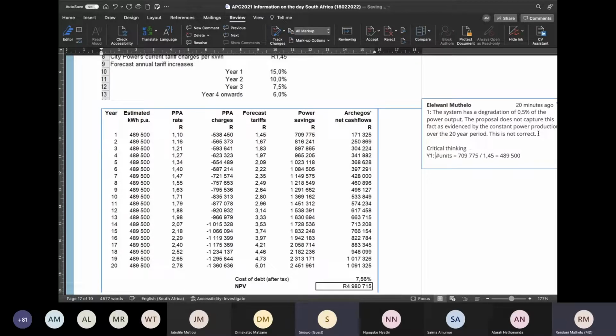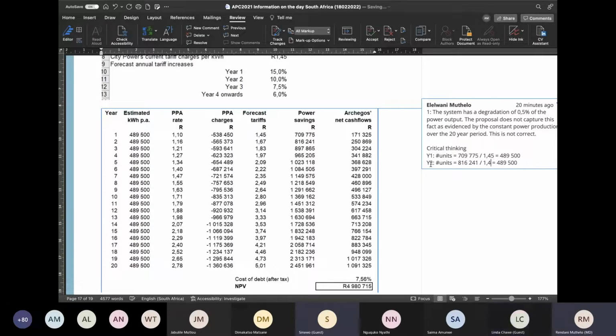Then let's quickly see year 2, to see how they did it. In year 2, they will have done 816,241.